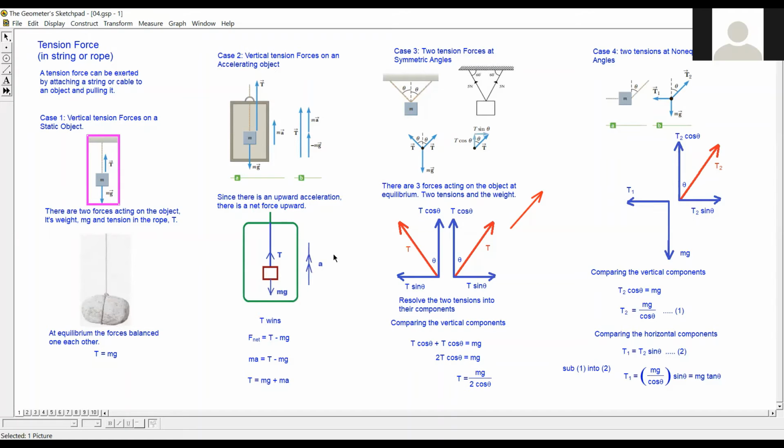However, there is a difference between this case and the first case. In the first case, the object is in equilibrium. The object is not accelerating. In the second case, the object is attached to the ceiling of the lift, and the lift is accelerating upwards.